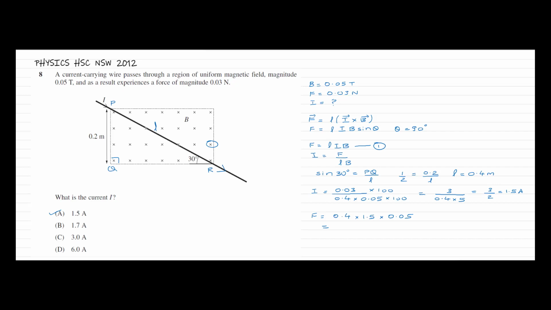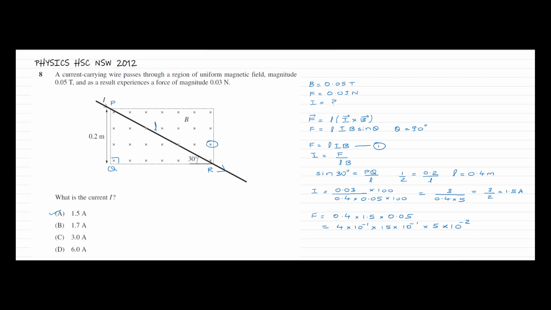So that will be equal to, if I can put all the decimals away, so this will be 4 into 10 power minus 1. This will be 15 into 10 power minus 1. And this will be 5 into 10 power minus 2. So how much that comes to?